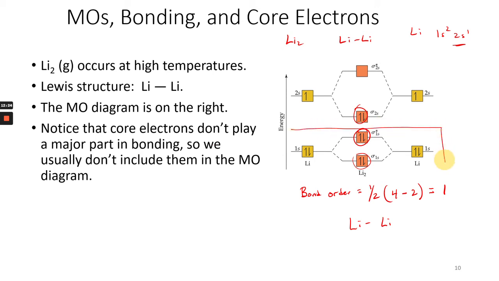Here are your core electrons. So we could have gotten the same bond order without looking at these, right? So if I just use this, what is the bond order? BO for bond order. It's 1/2 the number of bonding minus 0, and I still get 1. So you could kind of ignore these, your inner core, and just look at your outer sublevels.